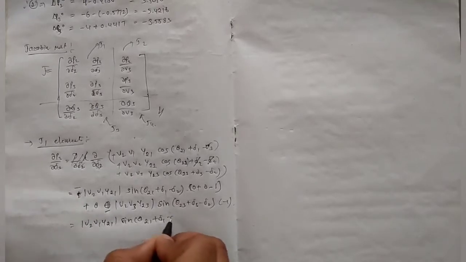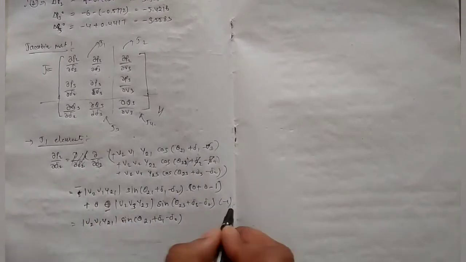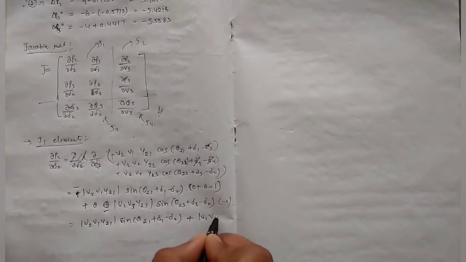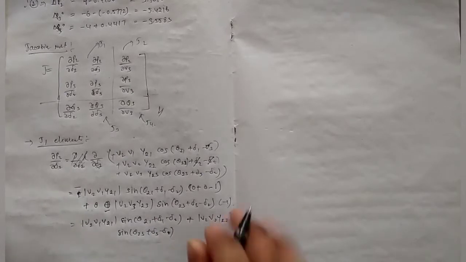Finally you'll get minus into minus plus, that is V2 V1 Y21 sin(θ21 + δ1 − δ2), and you'll get 0, and this minus becomes plus V2 V3 Y23 sin(θ23 + δ3 − δ2).